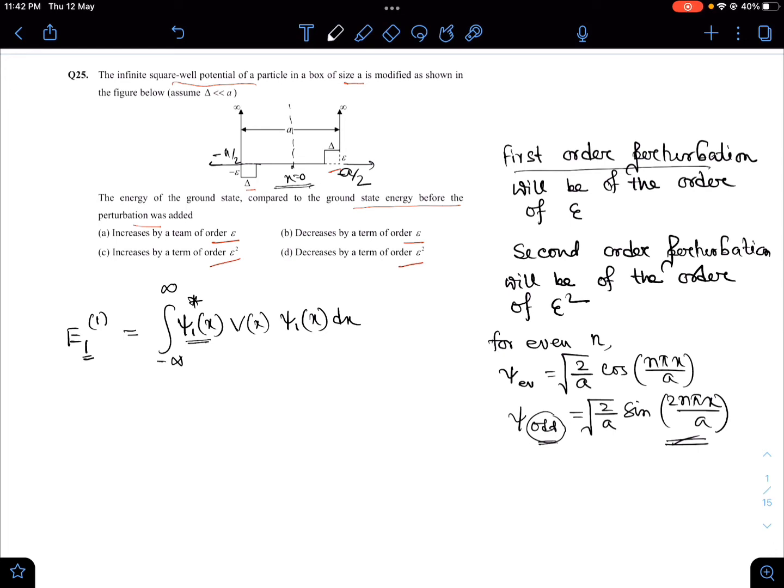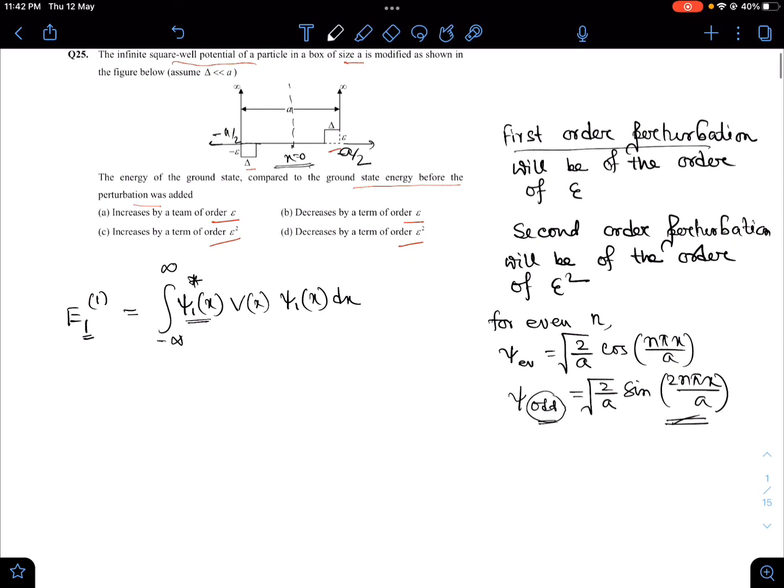If we look at this integration closely, psi1 star psi1 is an even function, but the perturbation is antisymmetric with respect to the origin.